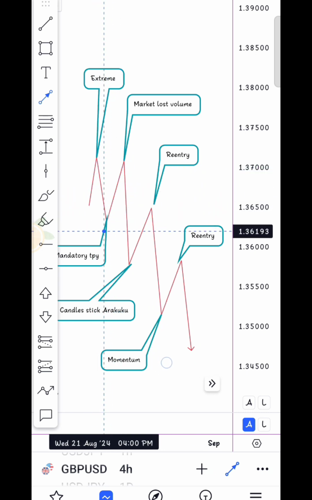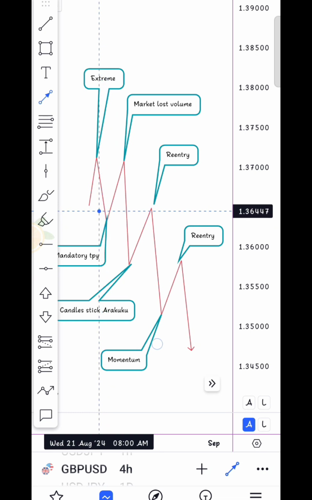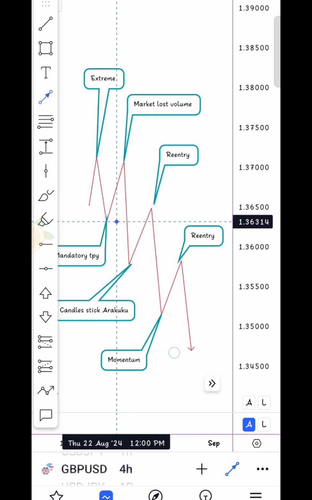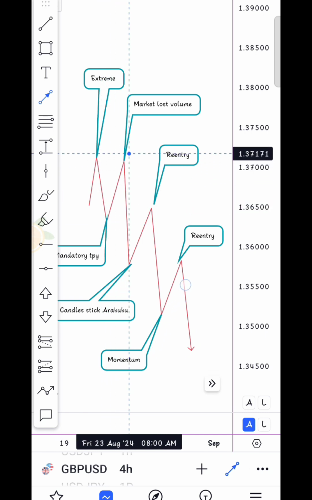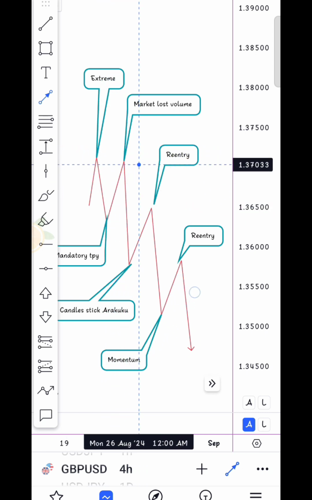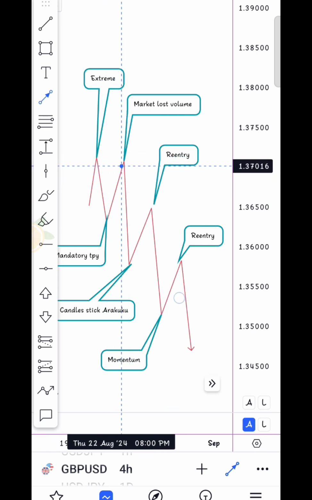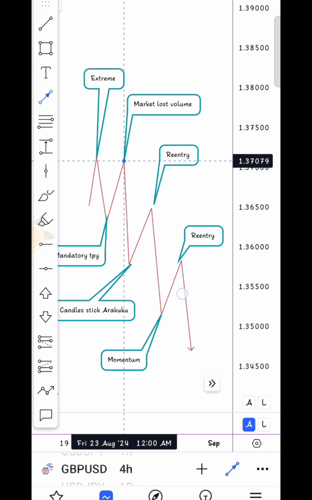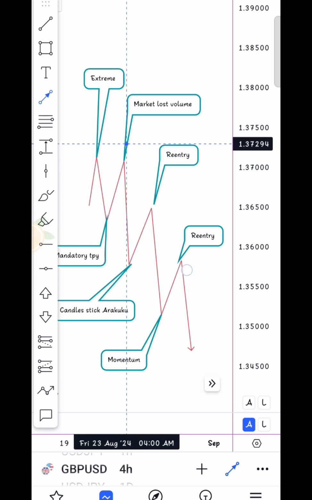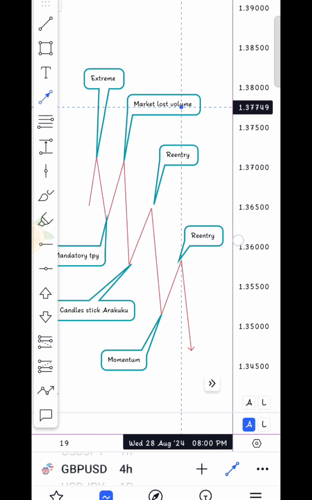The mandatory TP is what they normally call TP Wajib. And then price will lose momentum. The upward momentum will no longer be there. That is what they call MLV. In Malay, that is market hilang volume, but in English you can call it market lost volume.